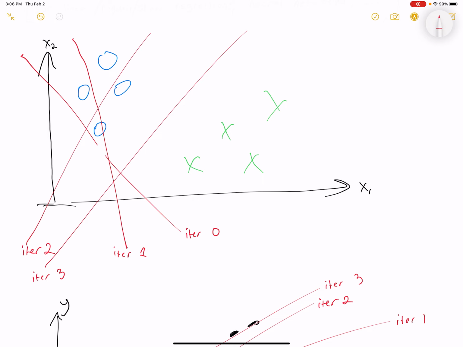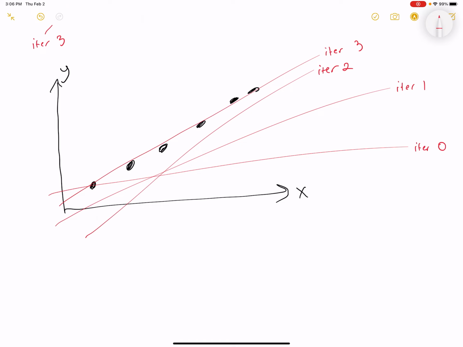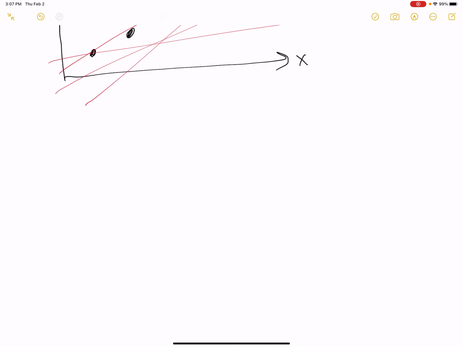But we're minimizing some loss for logistic regression, specifically mean squared error loss for linear regression. So that's the high level. So let me just throw you in the water with the concrete steps of gradient descent at a high level.